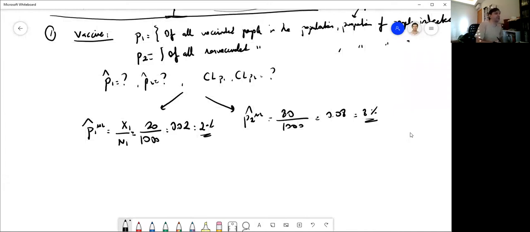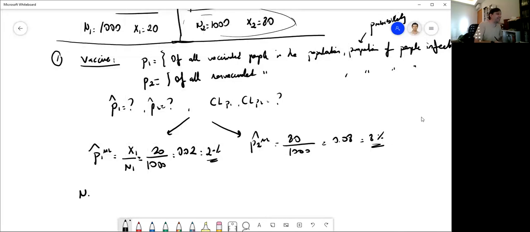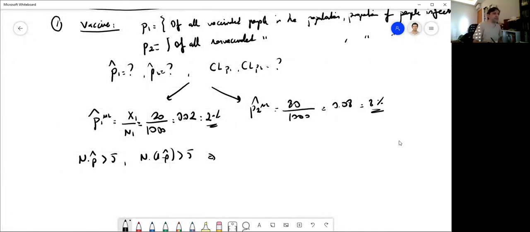So how do we deal with that? We should know the sampling distribution of P hat here. Sampling distribution of P hat, if you recall, under certain circumstances, and what are those certain circumstances? If n times P hat is greater than 5 and n times 1 minus P hat is greater than 5, in this case, you may use normal approximation.